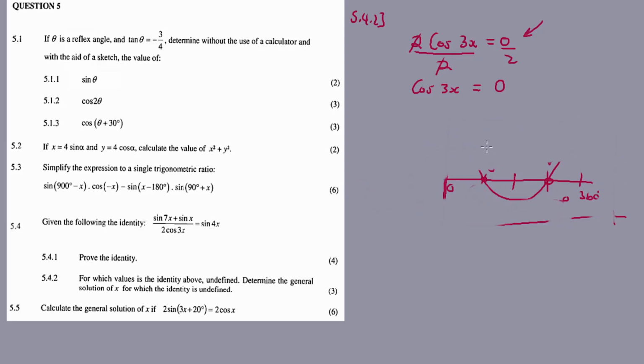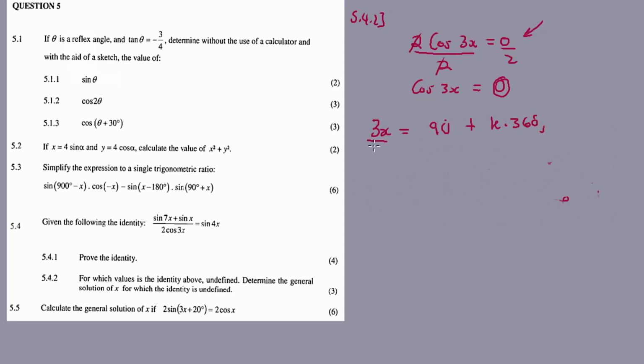So my solution is: 3x equal to 90. My function is 0 at 90. We say plus k times the period of the function.